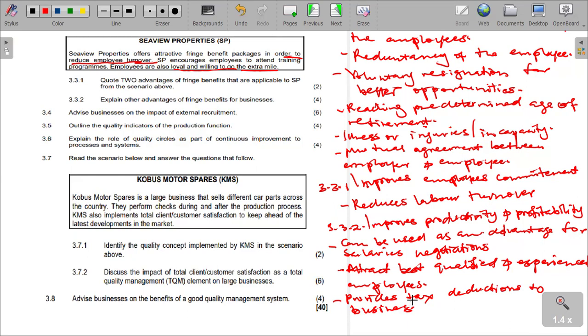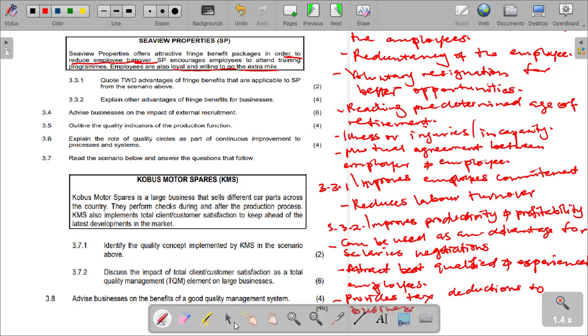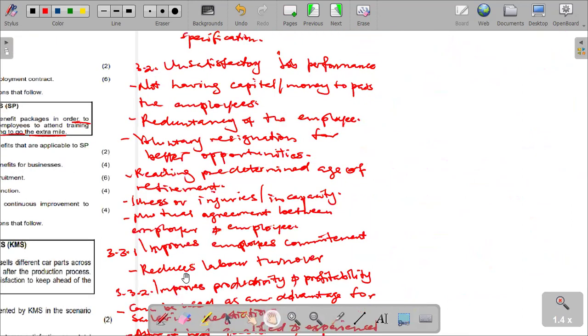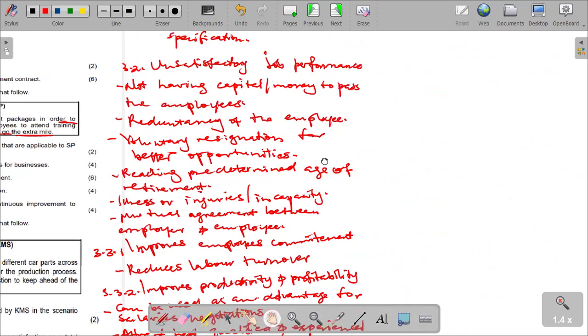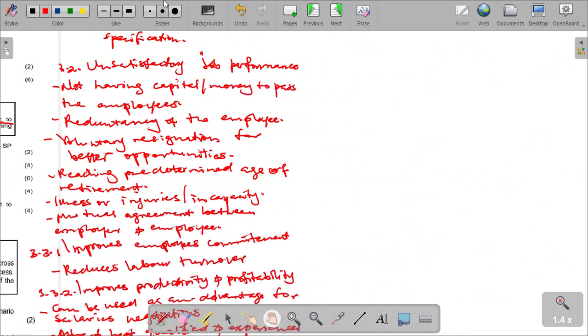3.3, where are we? 3.4, advise business on impact of external recruitment. Advise businesses on impact of external recruitment. 3.4.